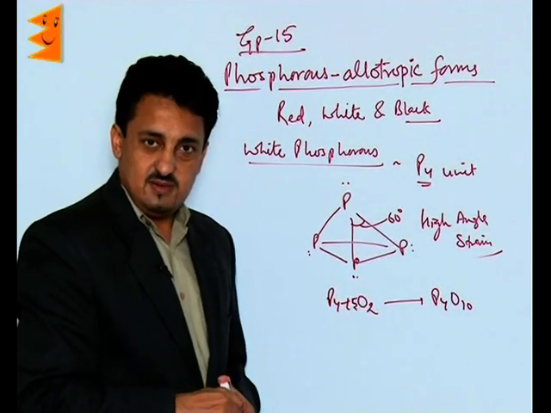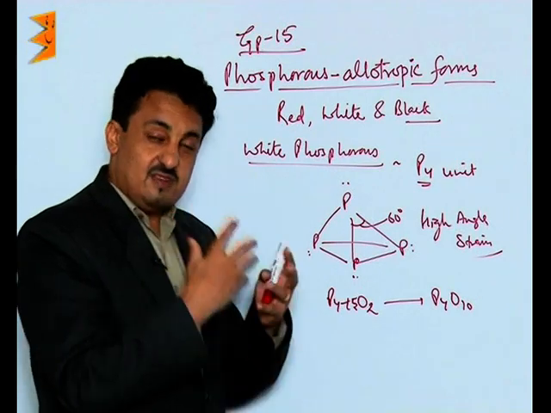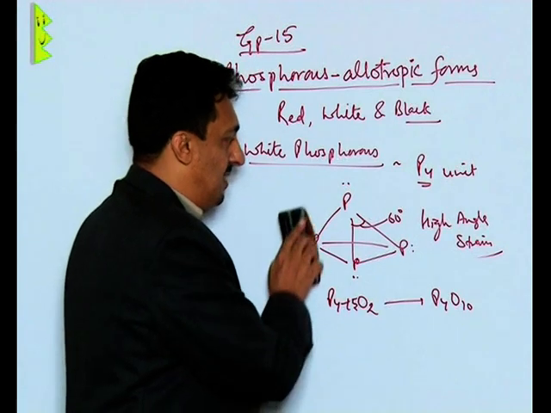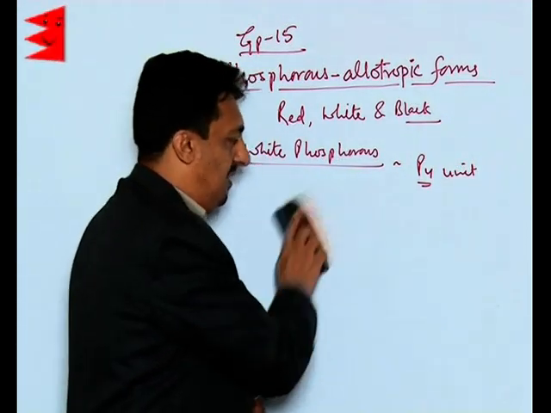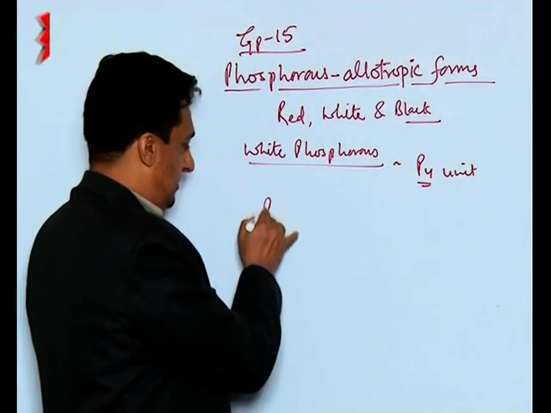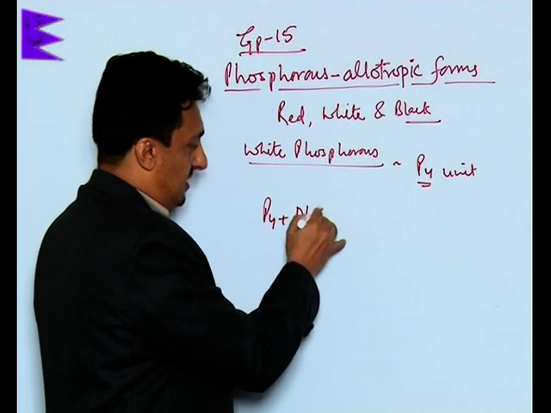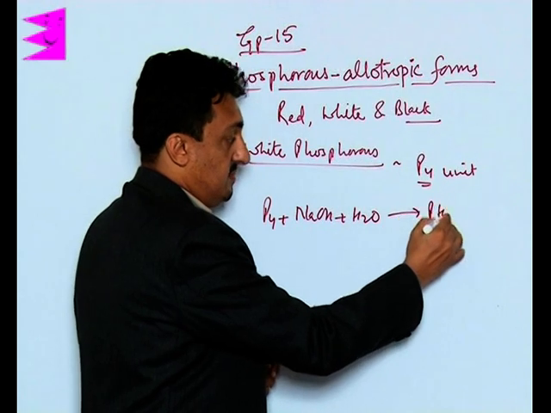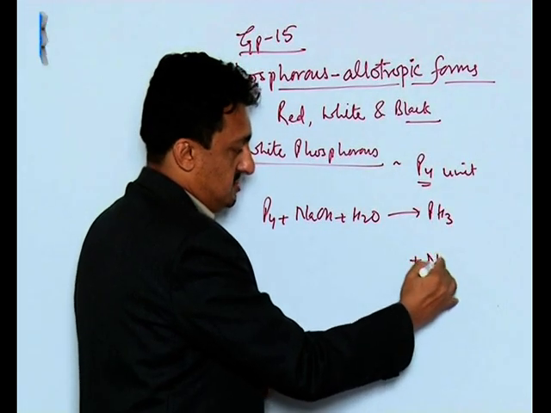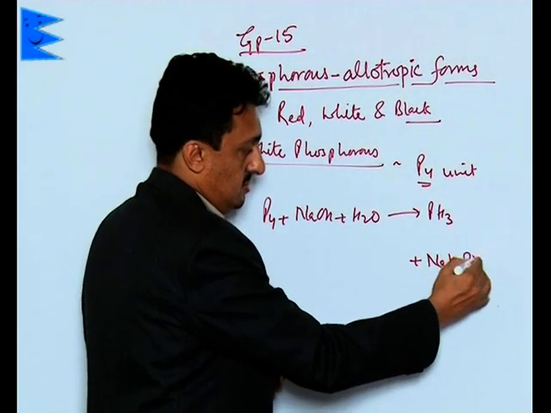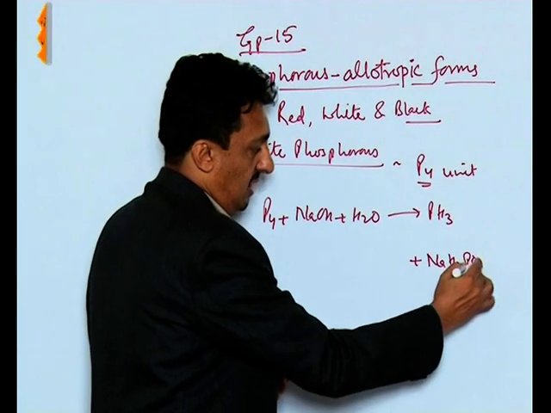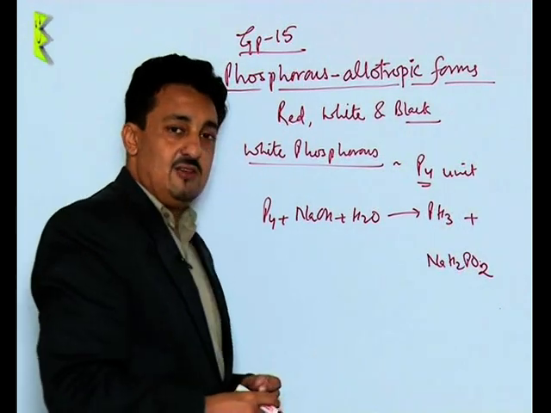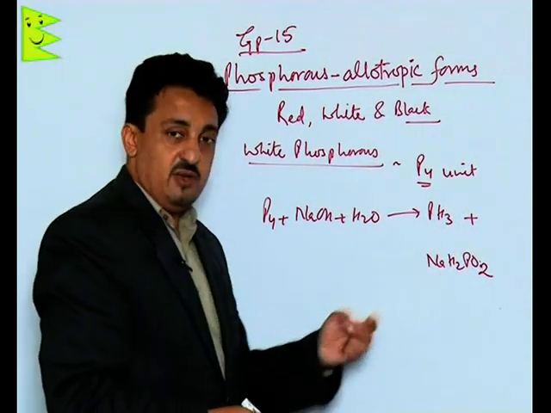It's very unstable. Remember, it's a translucent waxy solid, and it is soluble in NaOH. When treated with NaOH solution, it shows a disproportionation reaction and forms phosphine and sodium hypophosphite.